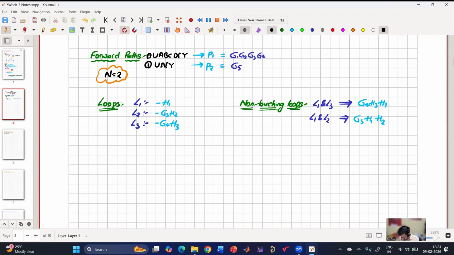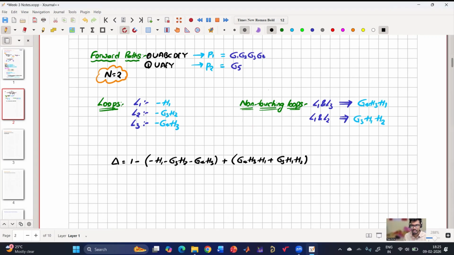Delta is equal to 1 minus the summation of all individual loop gains, which is minus H1, minus G3H2, minus G4H3, plus the summation of the product of all possible two non-touching loops, which we have already done: G4H3H1 plus G3H1H2.